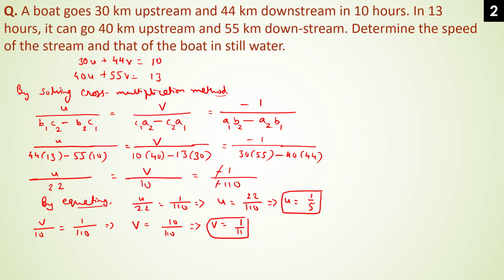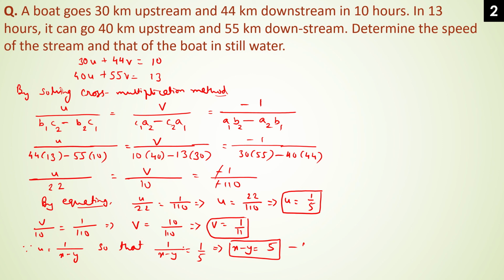Now since u is 1 upon x minus y, so that we get 1 upon x minus y equals to 1 by 5, that means x minus y is equals to 5.